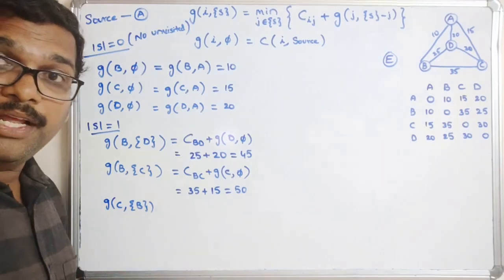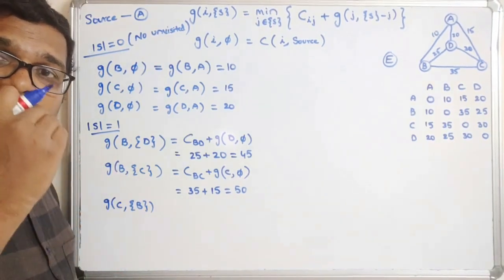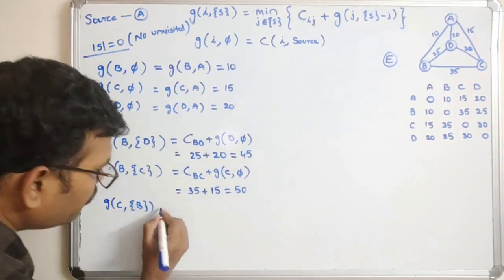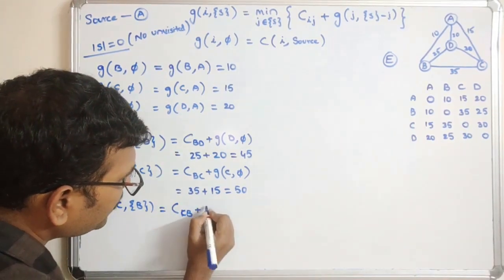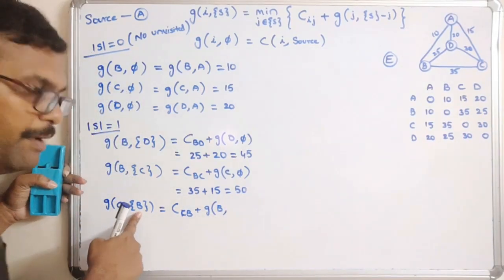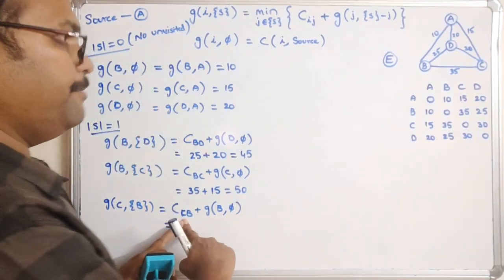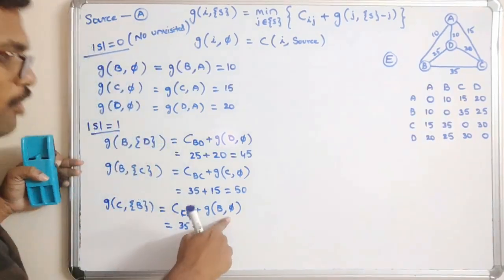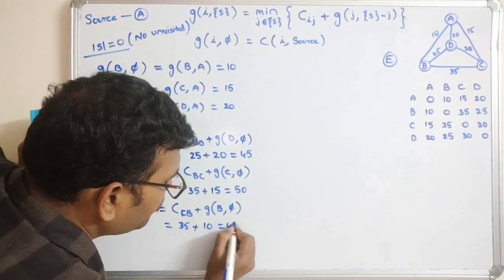See here, next change it, C to B. We can check the possibility. If C is a node, we have to check from C to all possible unvisited vertices. So C to B, and similarly here, CB plus G of B comma set minus B. So obviously this is phi. So which will be CB 35 plus G of B phi 10, which is 45.